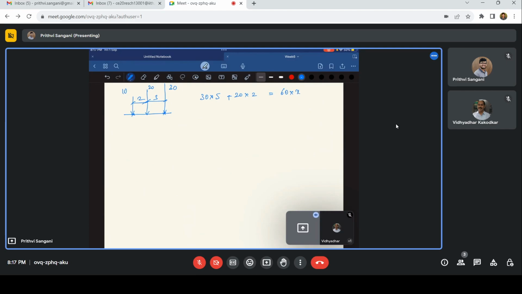I don't know what x is. So x is nothing but 30 times 5 plus 40, divided by 60, that is 190 by 60. This turns out to be 3.167 meters. From where?